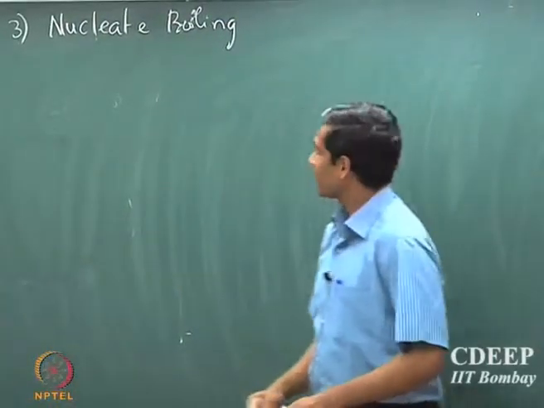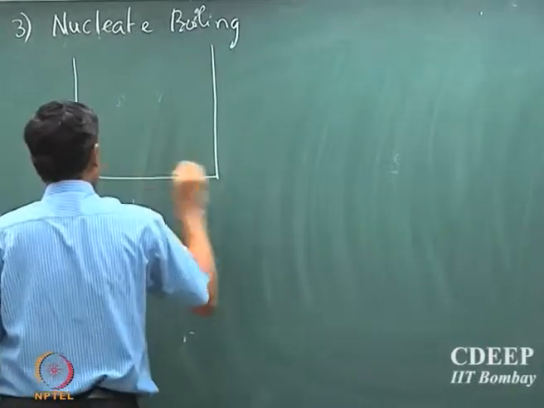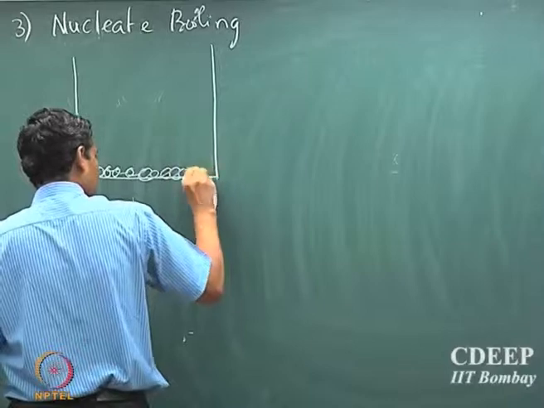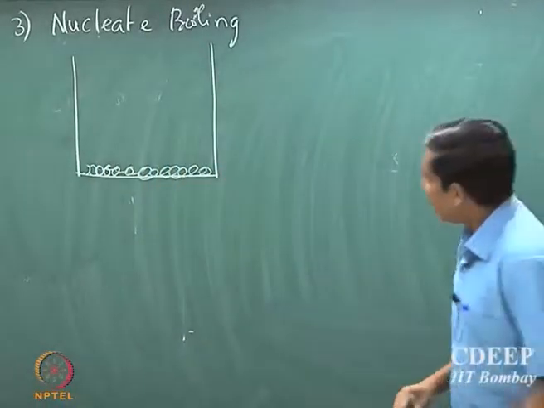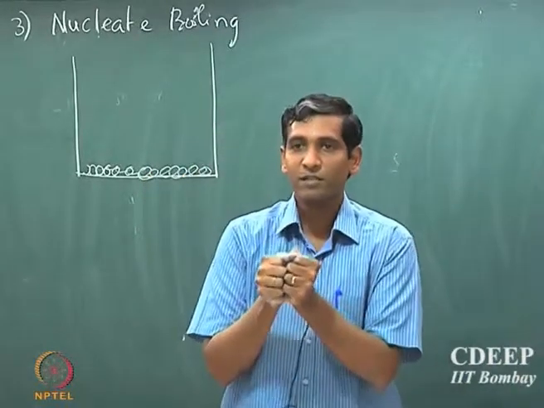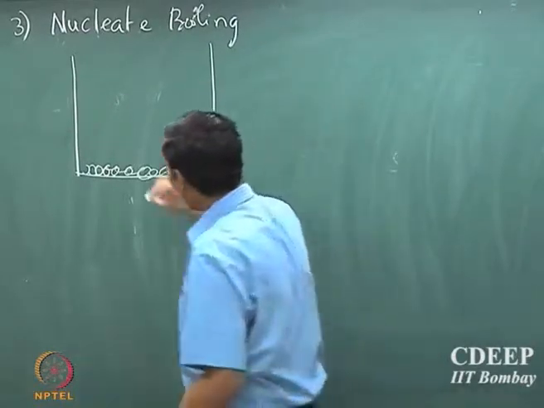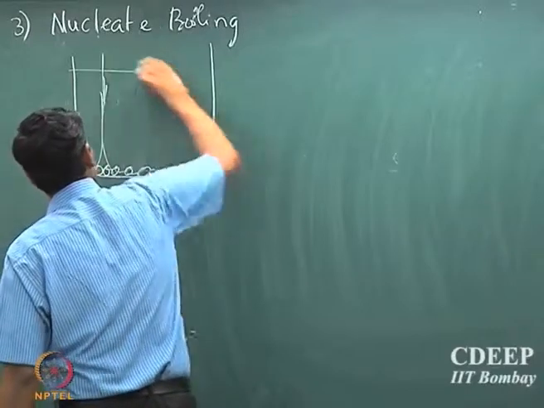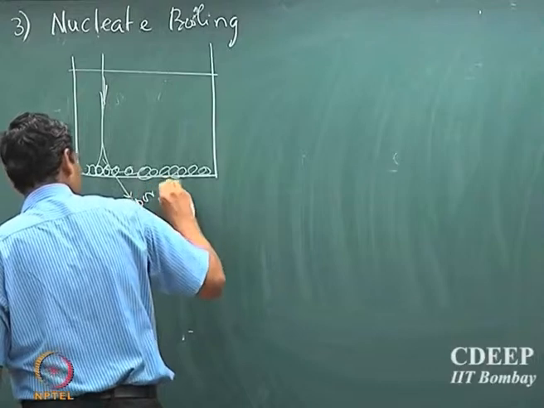Nucleate boiling is that there will be significant vapor formation, bubble formation at the bottom surface, and some of these bubbles, because they are formed so close to each other, are going to coalesce with each other and form what is called the vapor stream. So these are the vapor streams.